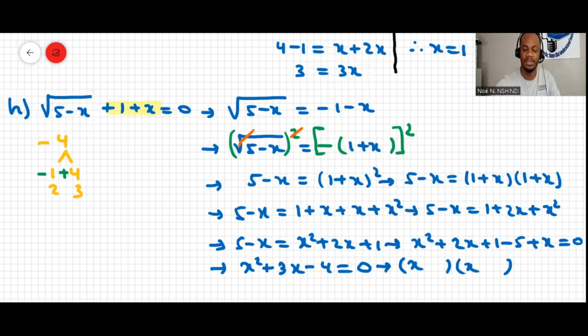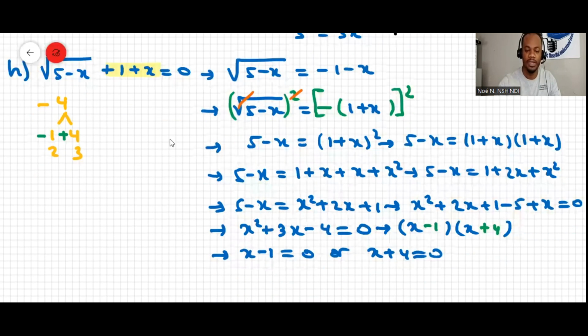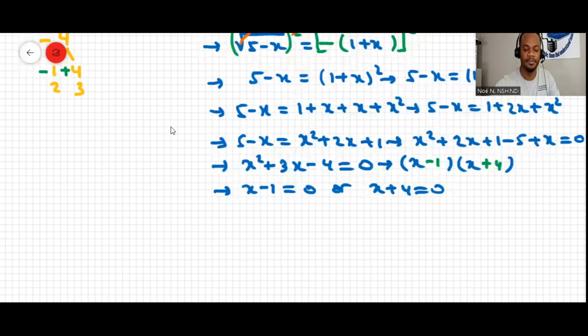We can just place in negative 1 and positive 4. So this means x minus 1 equals 0, or x plus 4 equals 0. Then we can solve this. This makes x equal to 1 or x equal to negative 4.